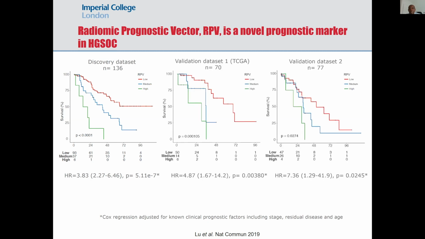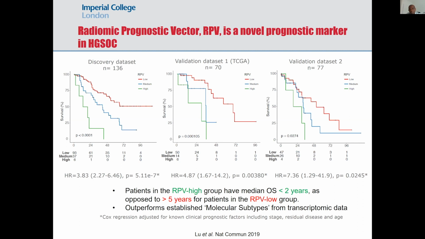We then had 2 independent holdout sets, TCIA data set, and also another unseen Hammersmith data set. And you can see that we have very good discrimination between the low, medium, and high groups. This was both in univariate and multivariate analysis.